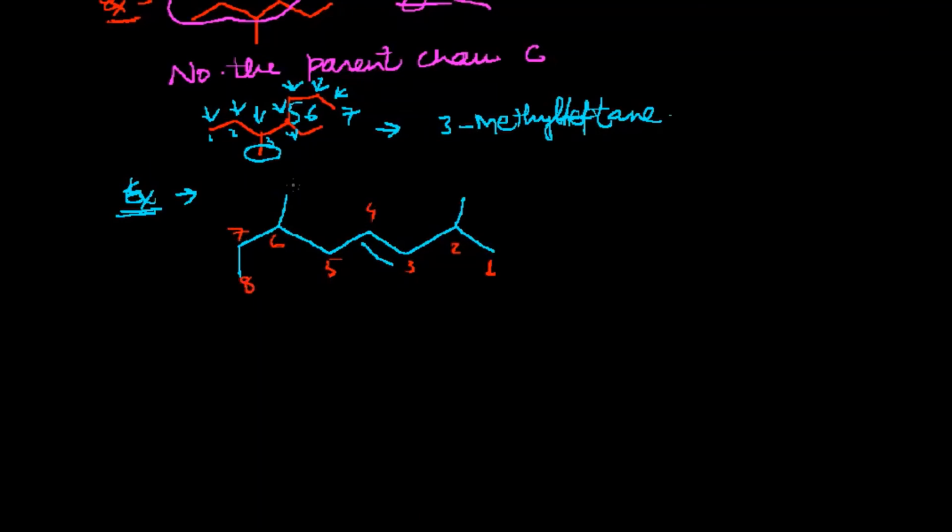So if I have to circle the substituent, these two are the substituents that have to be circled, and thus its name would be quite simple. Since it is having 8 carbon, for 8 carbon we call it octane. So this is your octane. Now where is the double bond? It is at third carbon, 3.